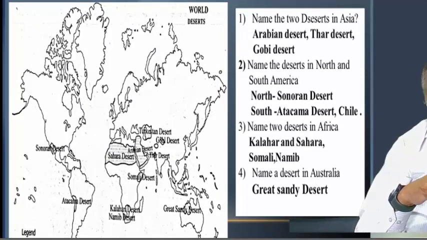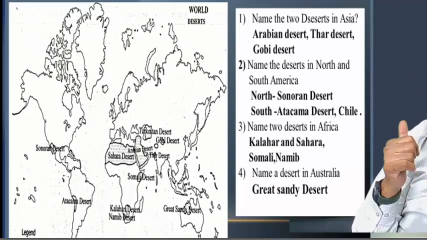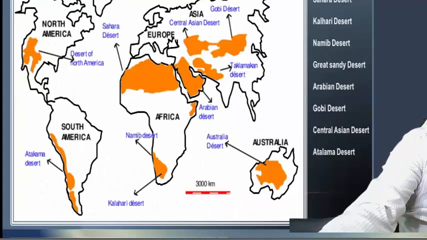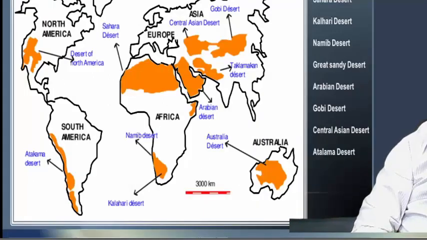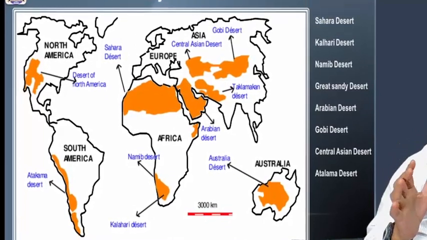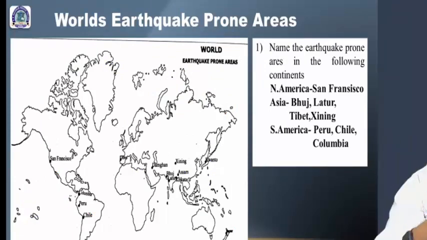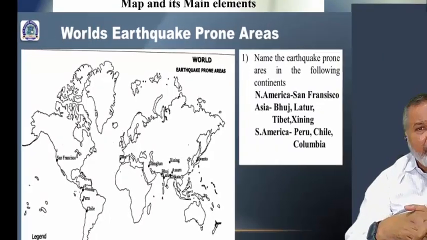The 2 deserts in Africa are the Kalahari and the Sahara, and the desert in Australia is the Great Sandy Desert. You can see the pictures very clearly with these photographs. The labeling is also clear. Whenever you want, stop there, recollect, and ask your friends to tell you the names. Within 1 or 2 minutes, you will remember the deserts and mountains everywhere.